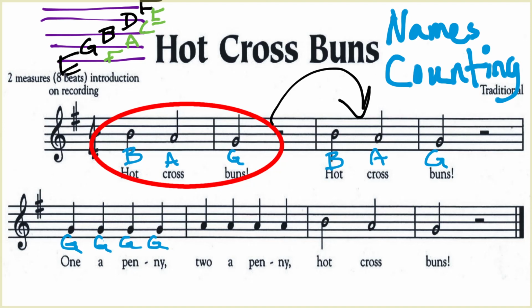G, G, G. Pardon my G's. I'm going to do that again because I want to make sure I model this right. G, G, G, G. And then you notice that we go to the second space, A, A, A.